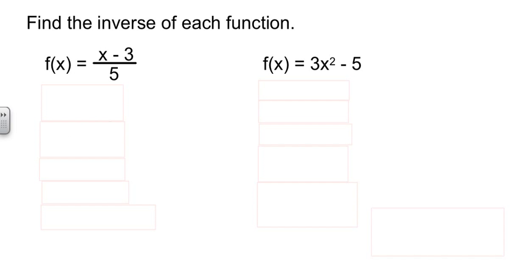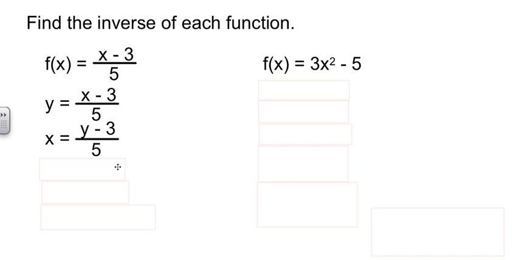So we're going to do a couple of these. Here's a function, f of x equals (x minus 3) over 5. Step 1, change that f of x into a y, just to make it easier to work with. Step 2, trade the x's with the y's. This used to be a y, it became an x. This used to be an x, it became a y. Now our job is to get y by itself.